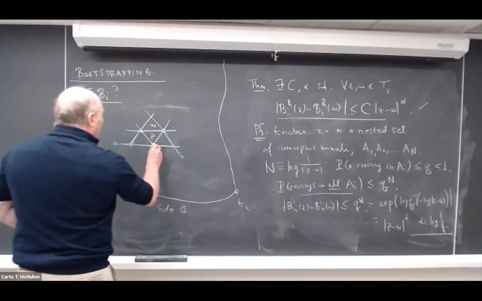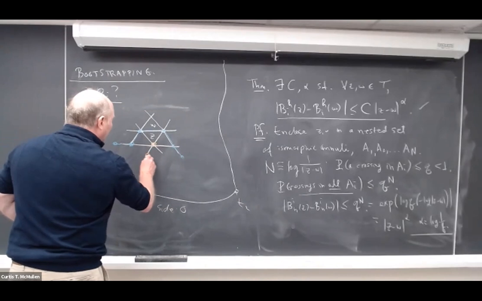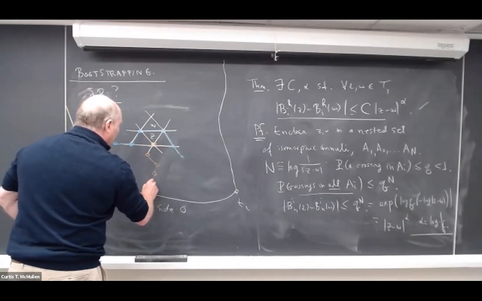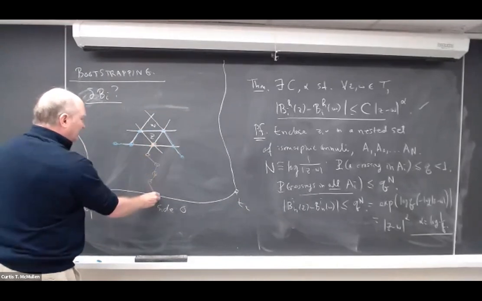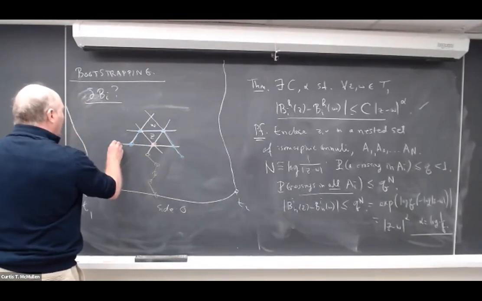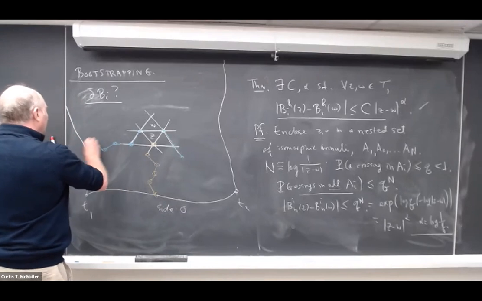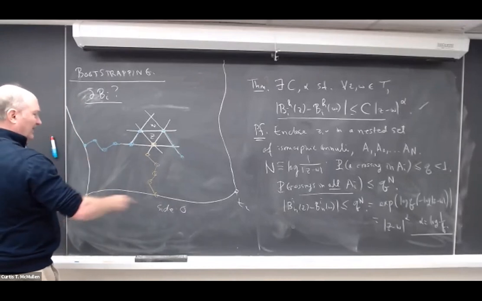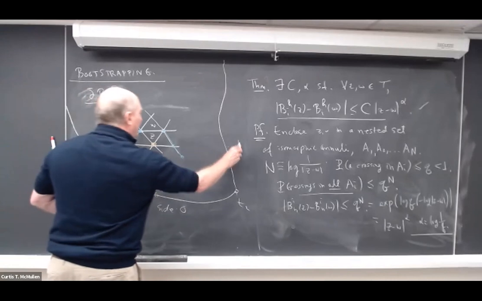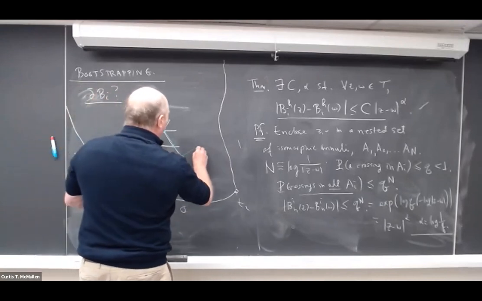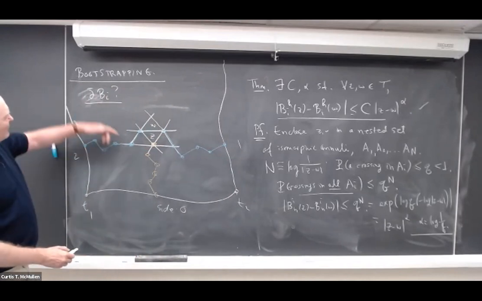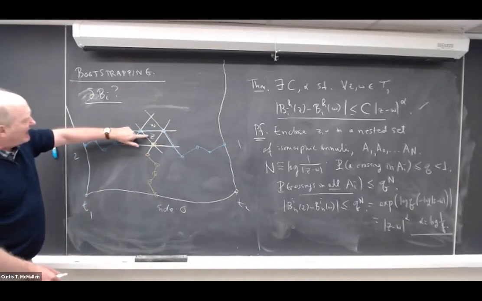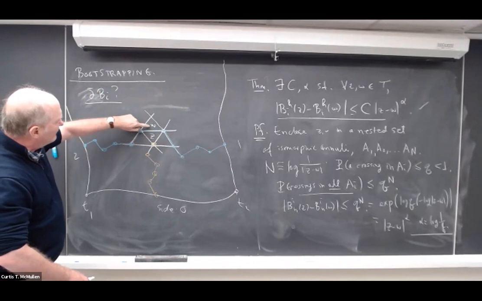So in other words, in the complementary sites, the sites we didn't choose, there's a path from this vertex to side 0. But among the sites we did choose, there's a path that goes from side 2 to side 1, and it leaves W above. And that's when we're going to see a change in BI as we go in this elementary way from Z to one of its neighbors.